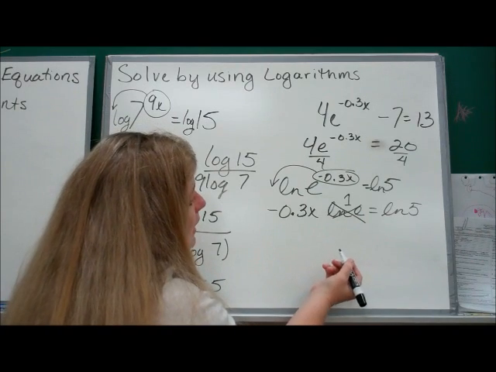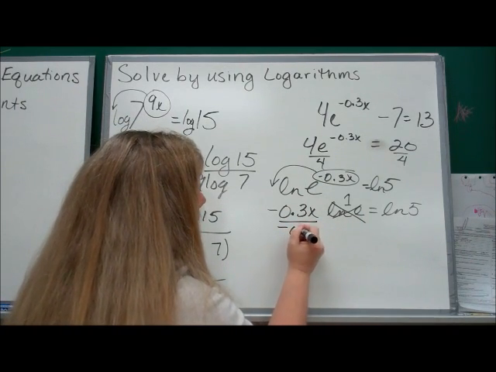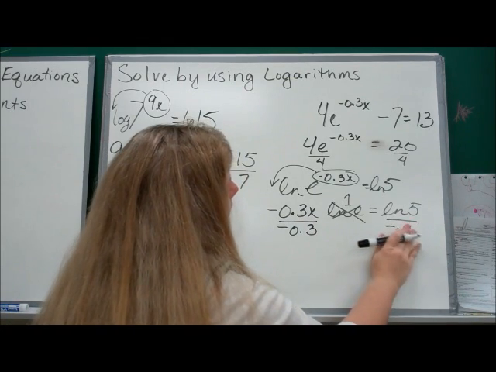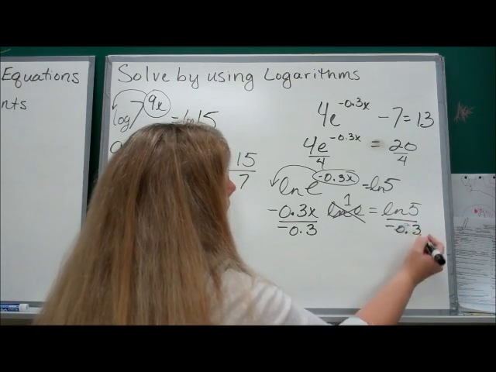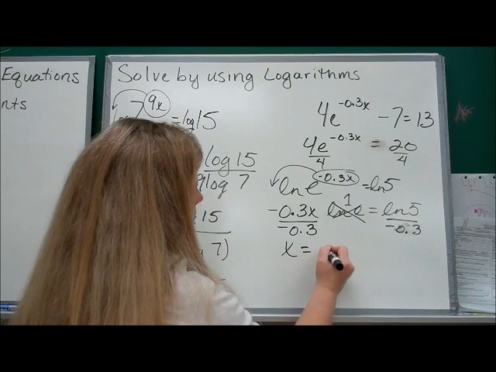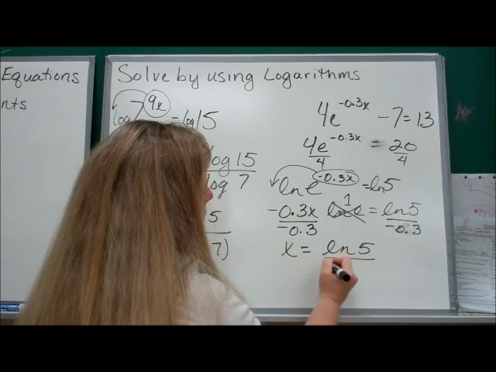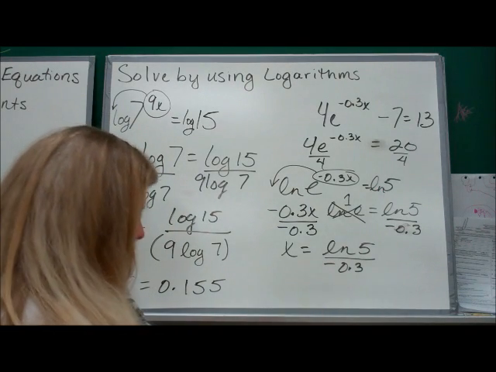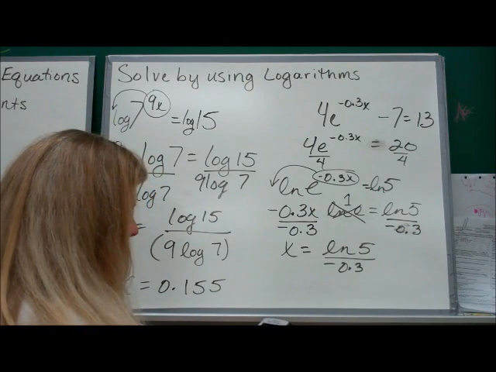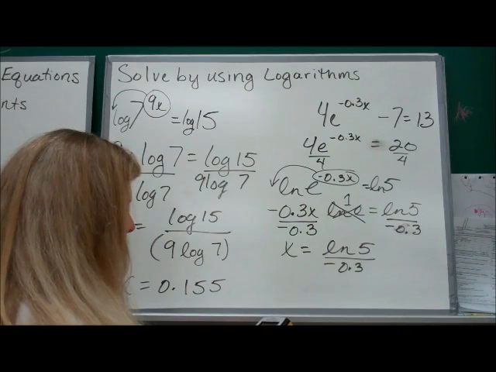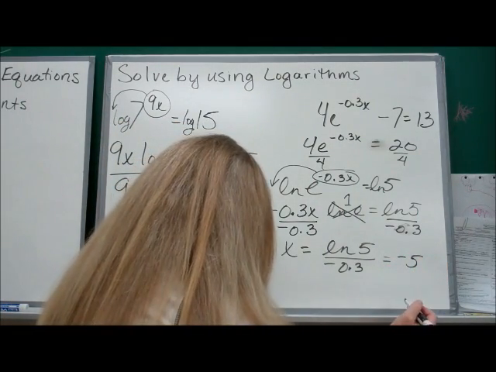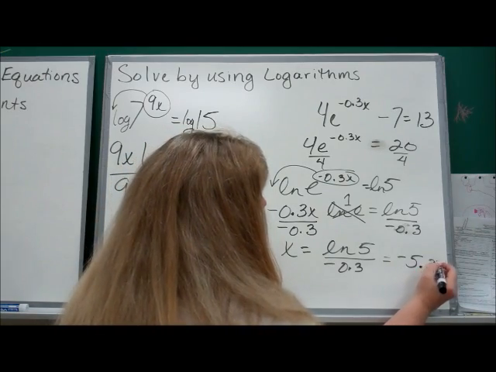So now all we have to do is divide by negative 0.3. And we've got x. So x equals the natural log of 5 divided by the negative 0.3. And you grab your calculator and you do that. Natural log of 5 divided by a negative 0.3. Negative 5.36.